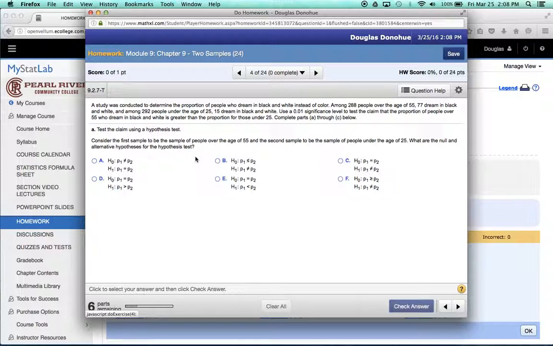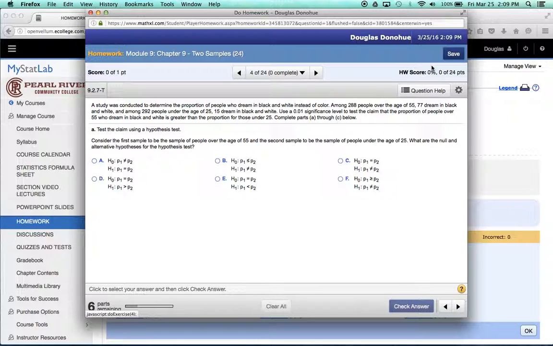All right, question 4. Okay, this is good. 288 people, 77 dream in black and white. 292 people in the second population, 15 dream in black and white.